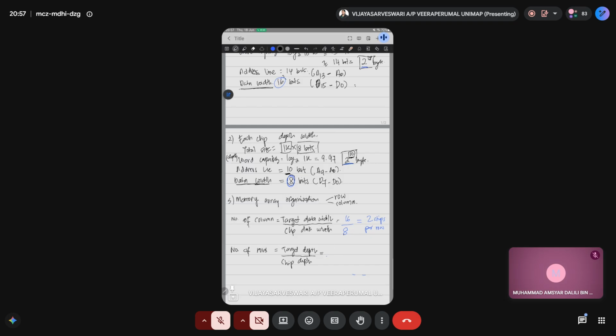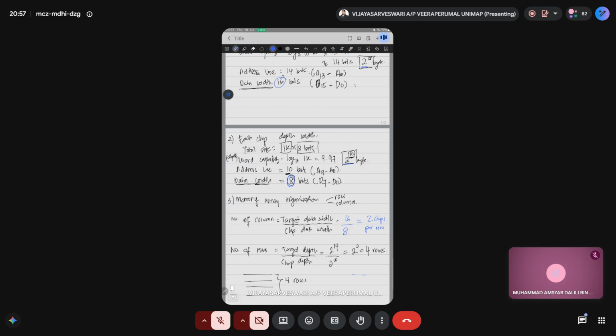So you get 2 power of 2, which is 4. So you will have 4 rows.